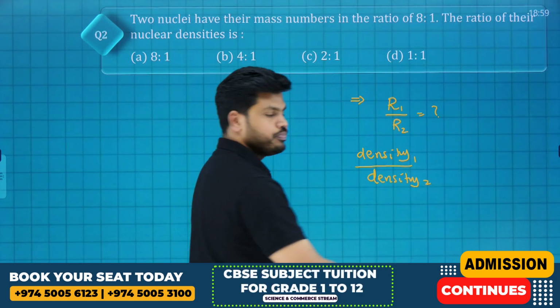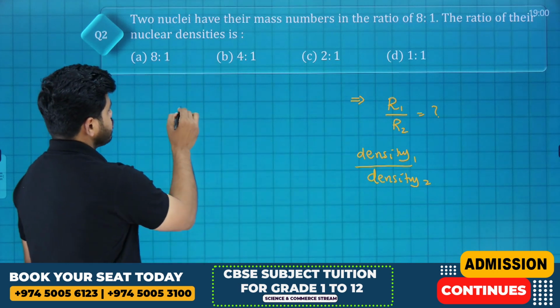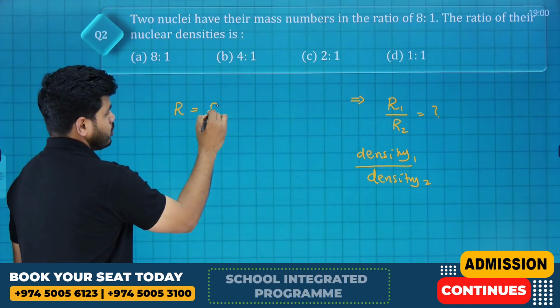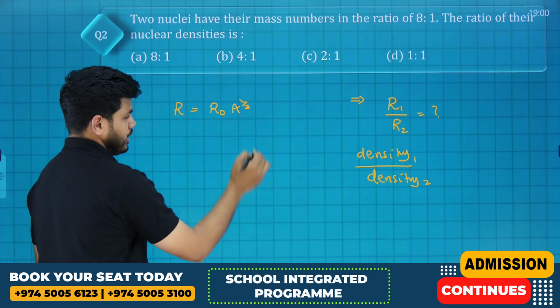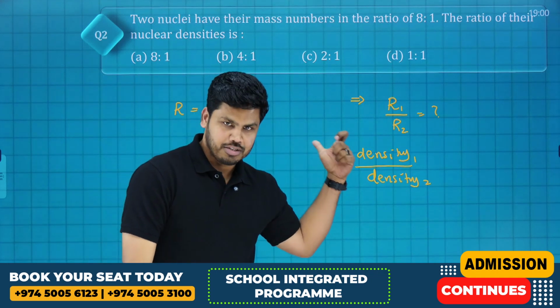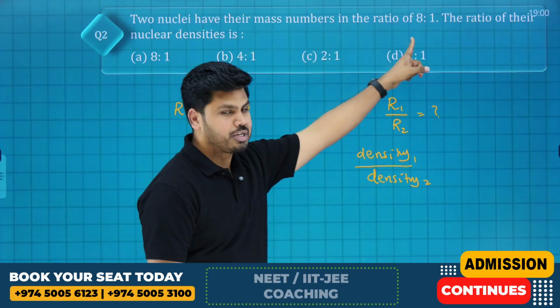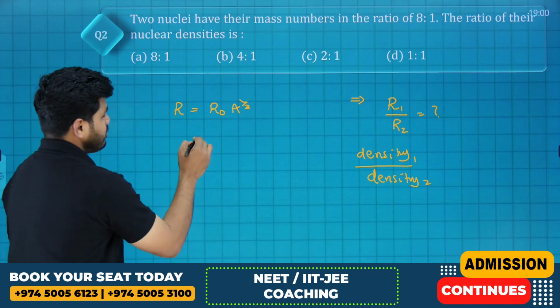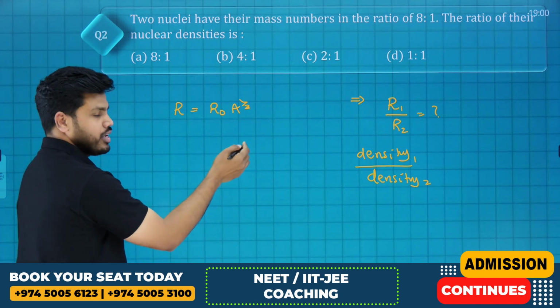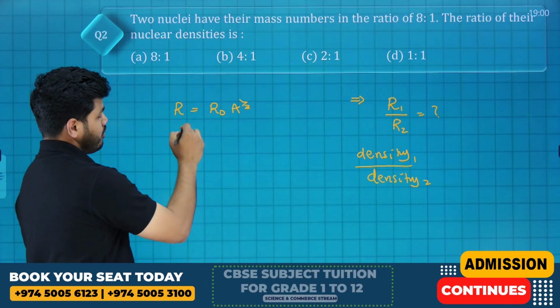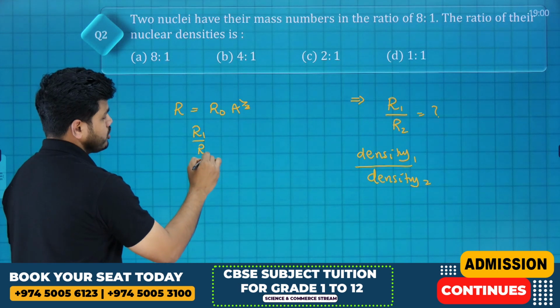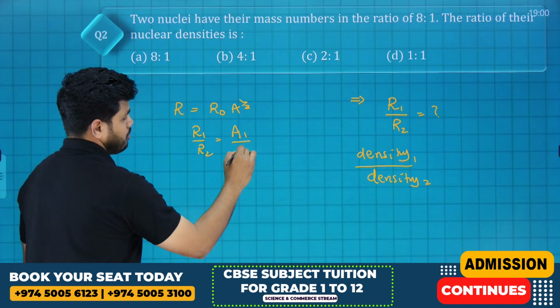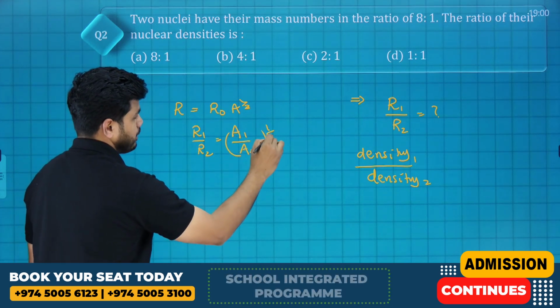See, if it is the radius ratio, we know the relation R is equal to R0 A raised to 1/3. It depends on the mass number, and you are given perfect cubes, right? So R1 by R2 is going to be the mass number 1 by mass number 2, the whole raised to 1/3.